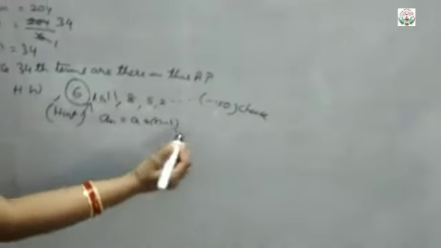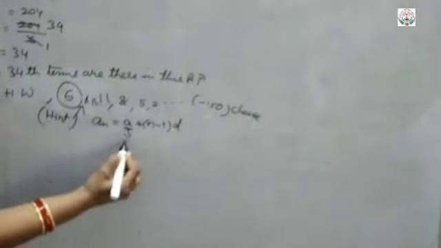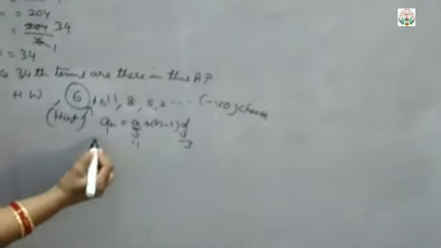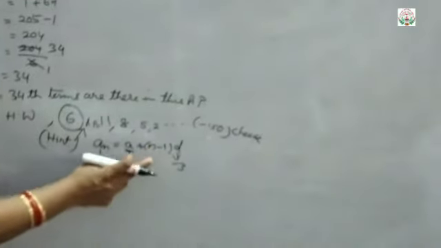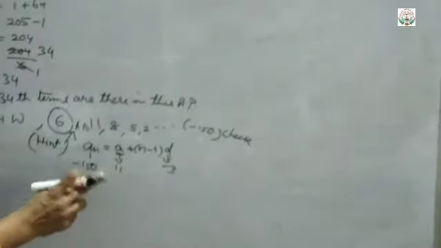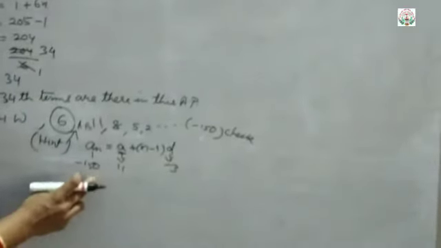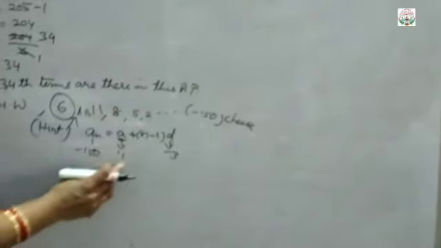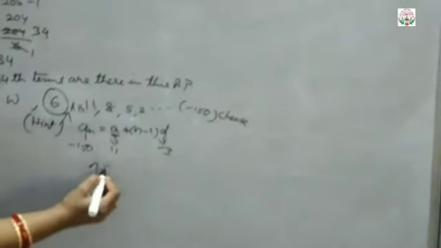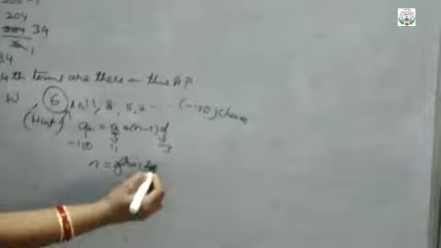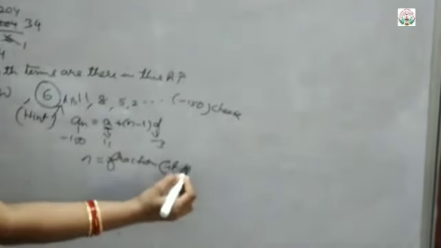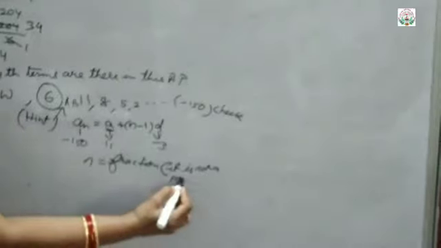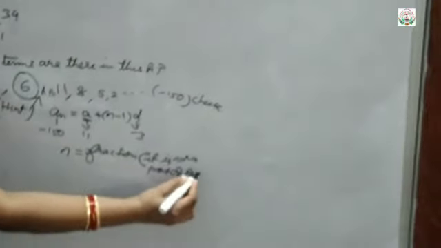AN equals A plus N minus 1 into D. Here A is 11, here D is minus 3, and AN is minus 150. So put the values and get the value of N. If N is a natural number, then minus 150 is a part of this AP series. If N comes as a fraction, then you can write that it is not a part of the AP series.